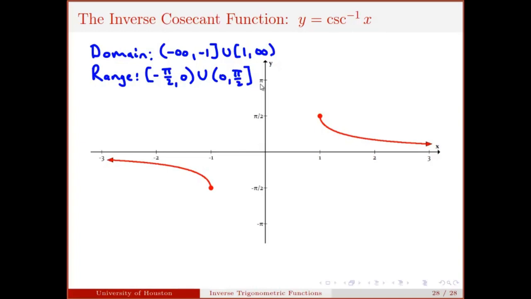In other words, the range of the inverse cosecant function corresponds to quadrants 1 and 4. This concludes.